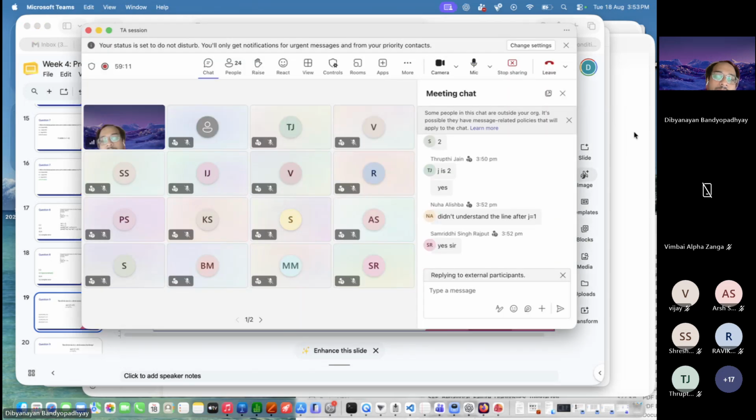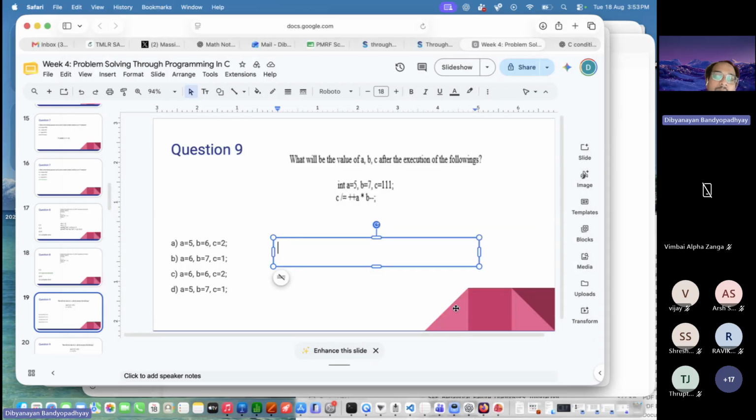Anybody? Didn't understand the line after j equal to 1. Okay, I'll make you understand. Just focus on this first.